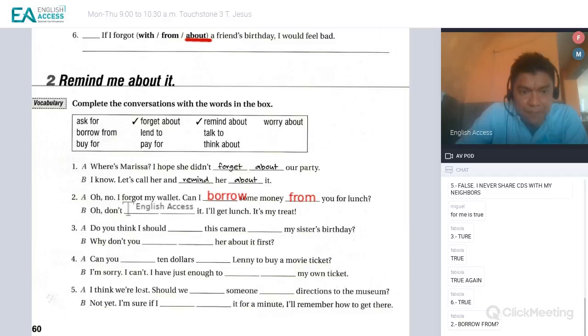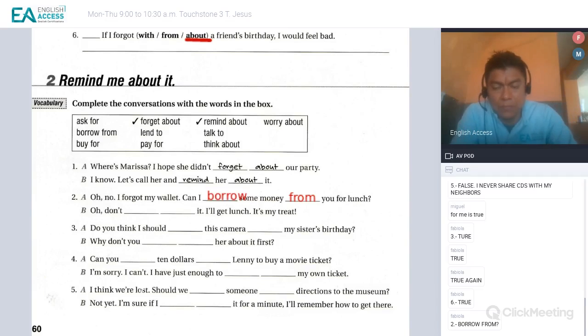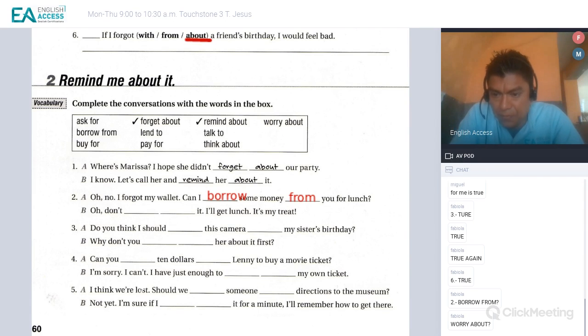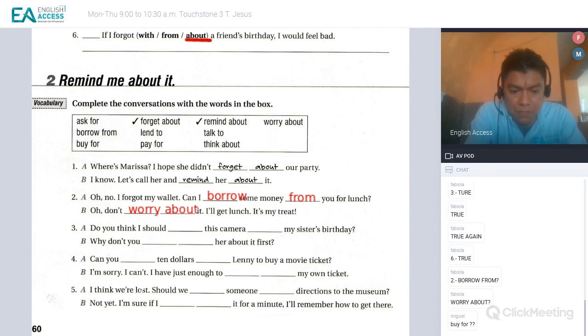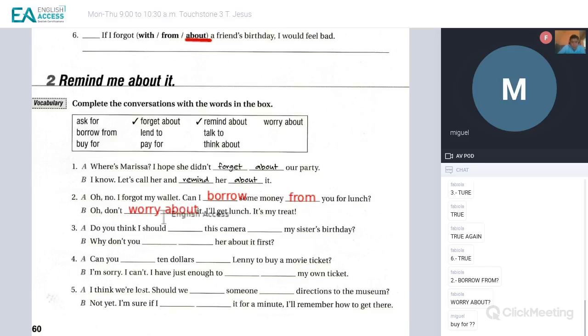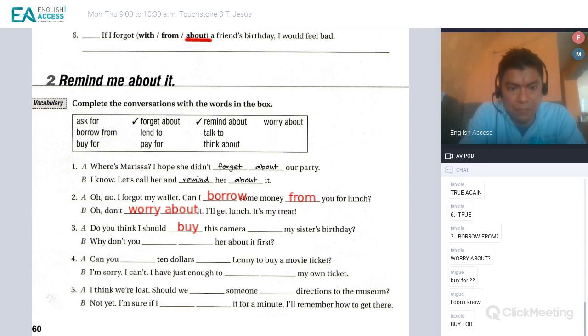And next, number B. Miguel, worry about. Yes, worry about it. Okay. Number three. Buy for. Buy for. Perfect.